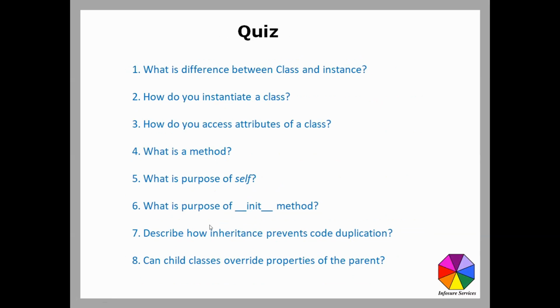Okay, so describe how inheritance prevents code duplication. Here it means that there is a parent class and a child class. Yeah, let's see. You go about answering, I will guide you. It reduces code duplication since it allows you to define a parent class and a child class which will inherit from the parent.